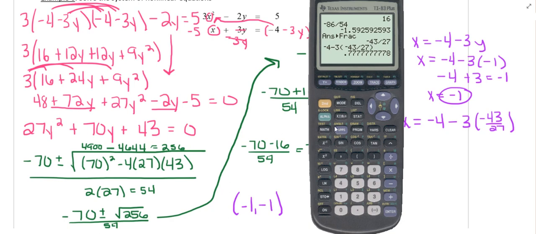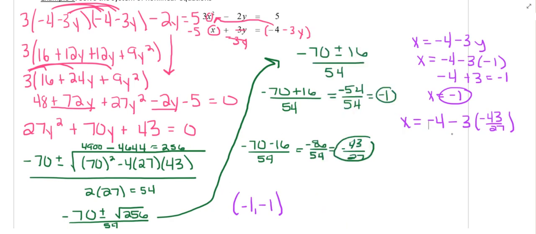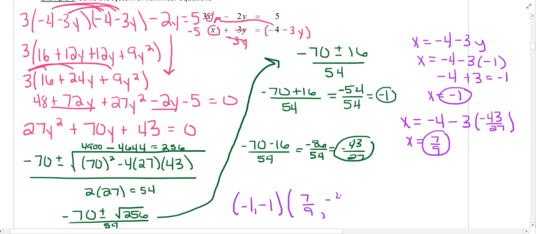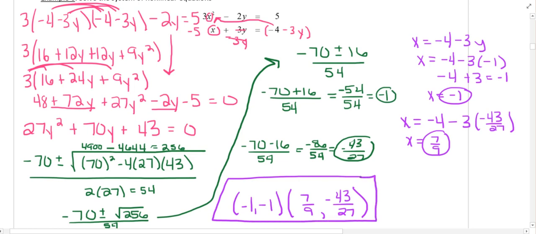Okay, we get this decimal here, which will convert to 7/9. So we get our x value, and so our second ordered pair is 7/9, because that's our x value, and then the y value, negative 43 over 27. Okay, so that is your system of equations when you have a quadratic and a linear.